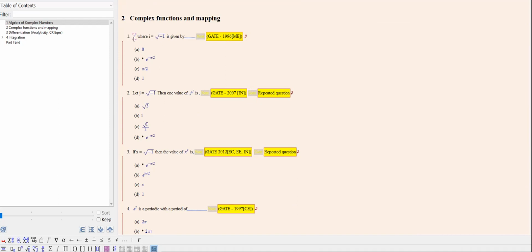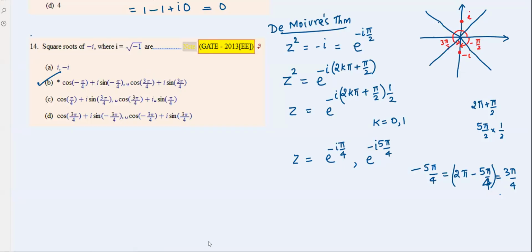I raised to the power I. What is this? How do we calculate this one?